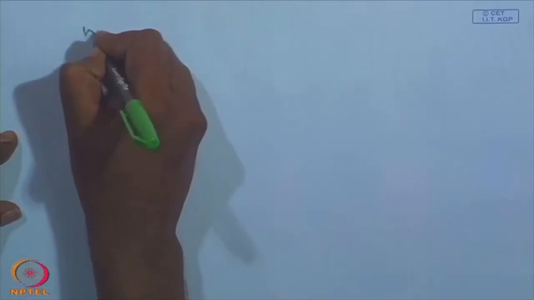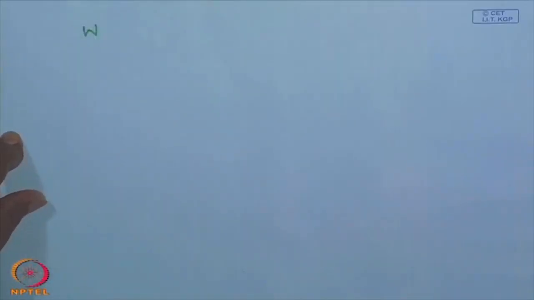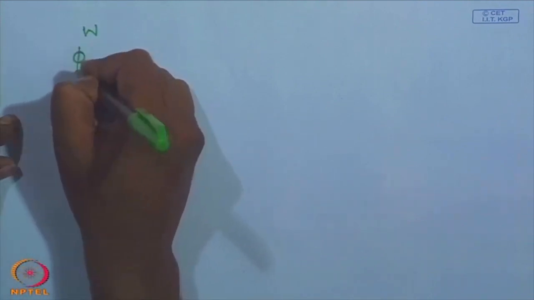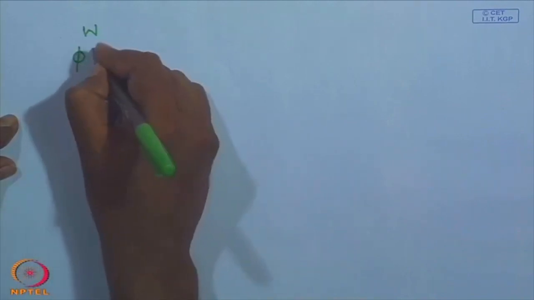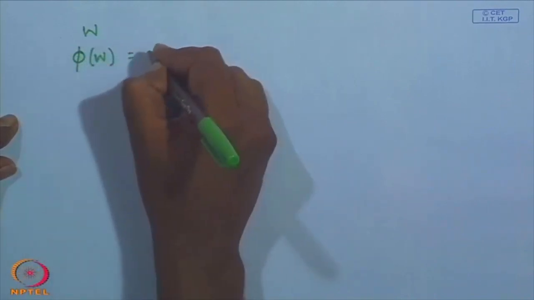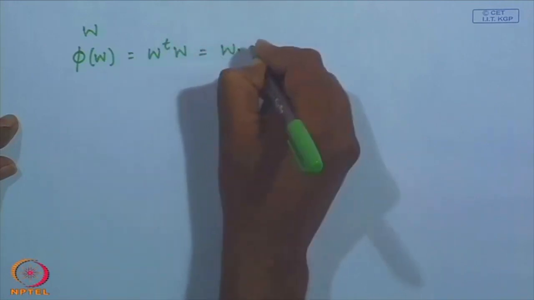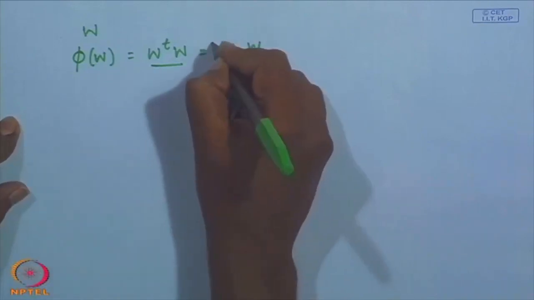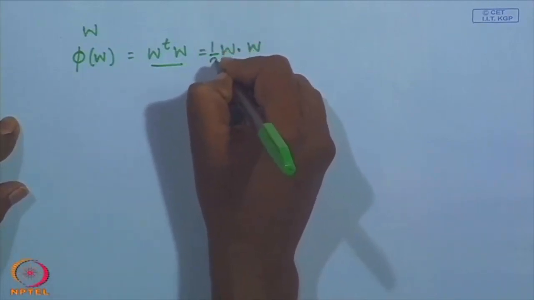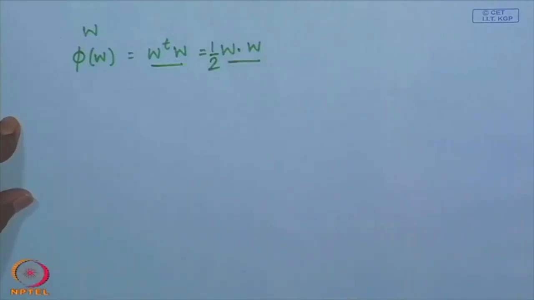If I want to minimize w, the weight vector, it is the same as minimizing a function of w which is nothing but w transpose w, or w dot w. These two are the same operations. For mathematical convenience, which will be clear later on, I put a term half.